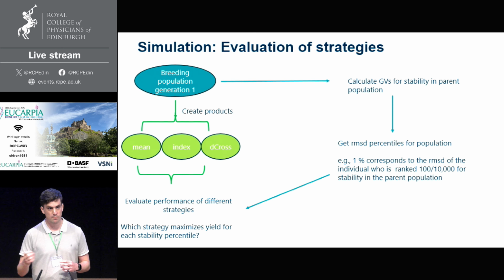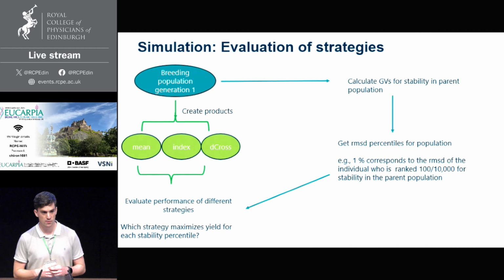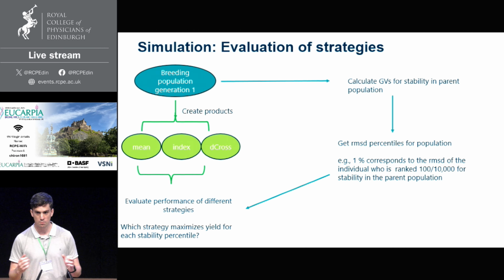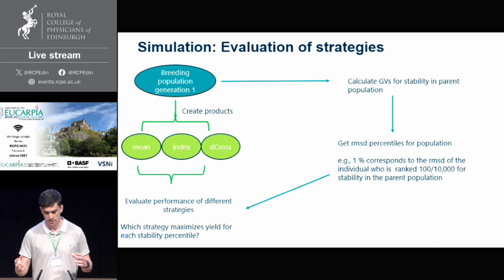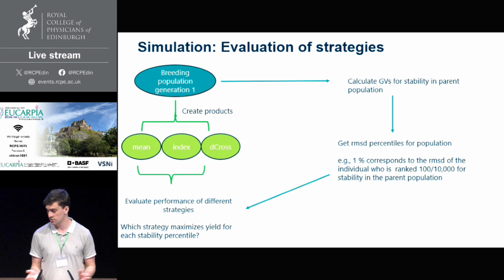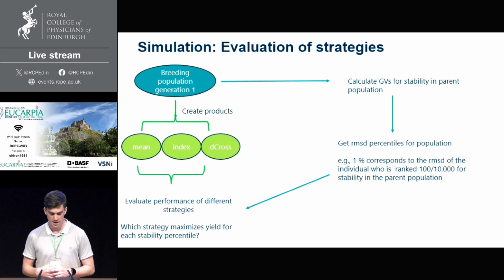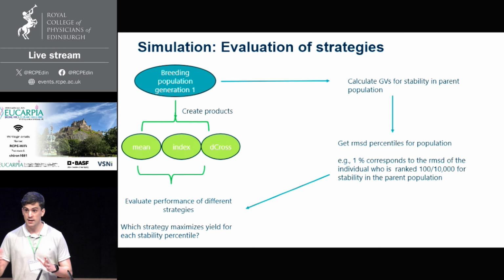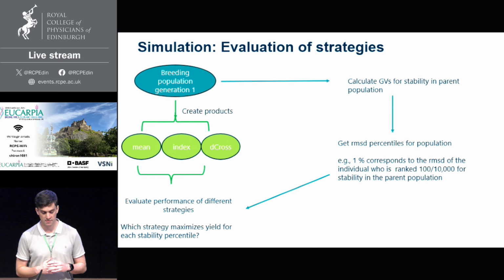So how do I evaluate the performance of these strategies? Well, G by E is all relative to a population, and the interactions that you get is all relative, so you have to compare it to something. And so what I'm doing is I'm estimating genetic values for stability in the breeding population from which we're going to create the products, and then getting a distribution of genetic values for stability within that parent population.